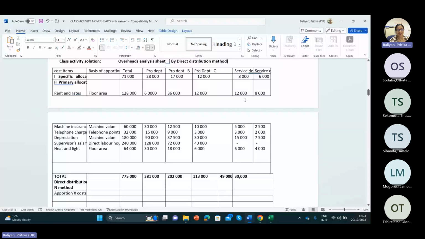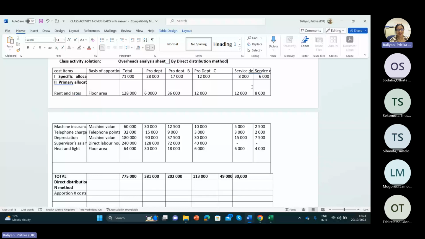Can you see the solution part? Are you able to see the solution part? Yes, ma'am. Okay.